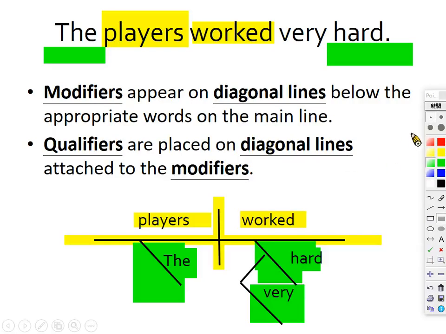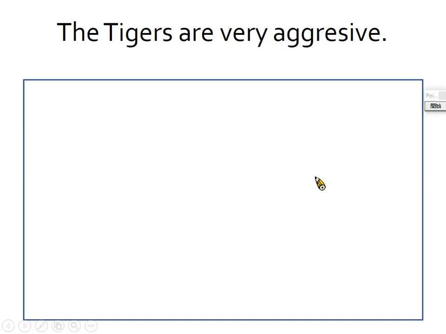Okay, so now we can do something like this. How about this? The tigers are very aggressive.